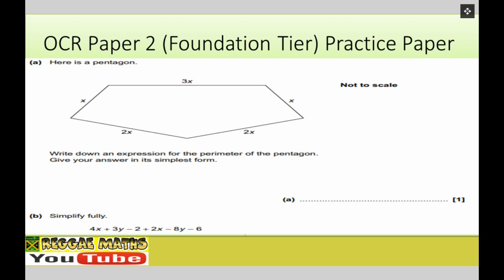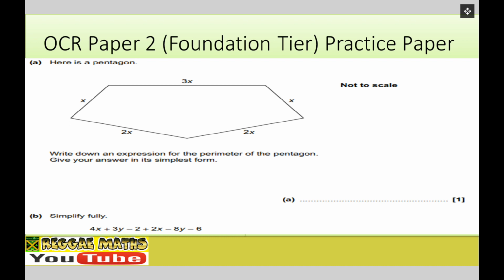Okay, this is going back to basics, collecting like terms. Okay, it says write down an expression. So for the expression, you just write down an expression for the perimeter of this pentagon, a 5-sided shape. So collecting like terms.